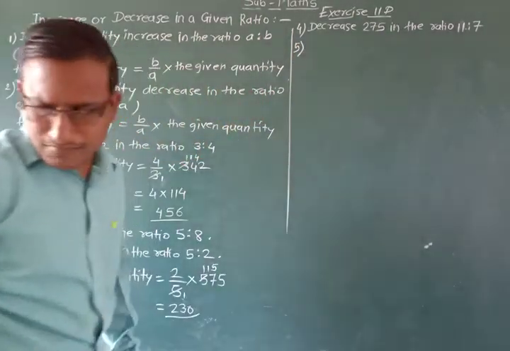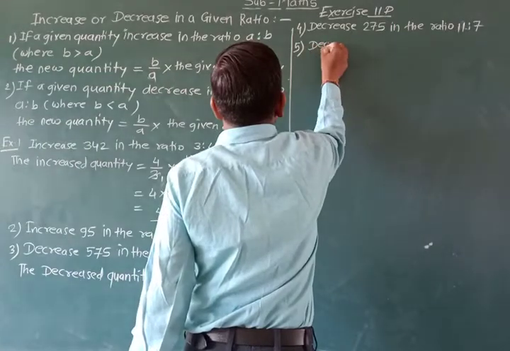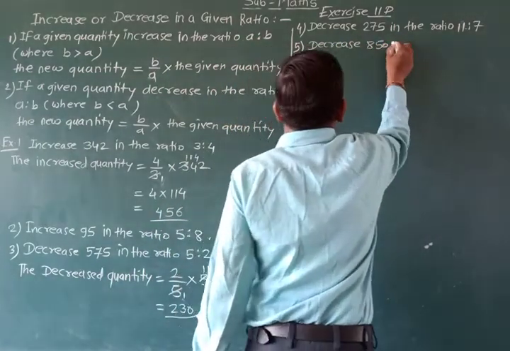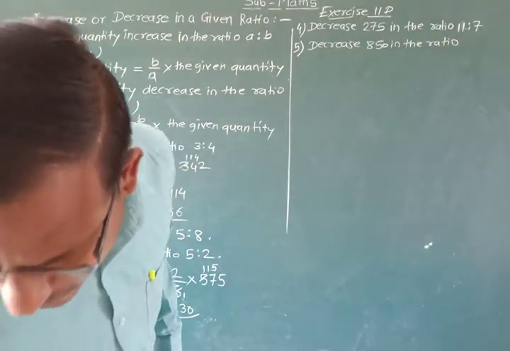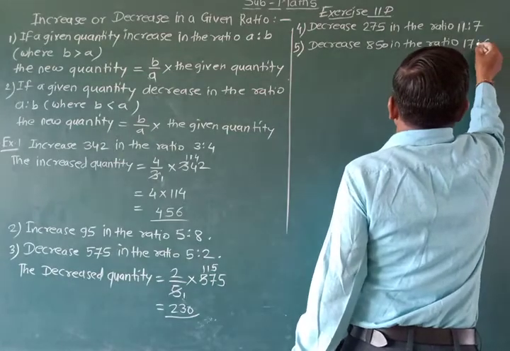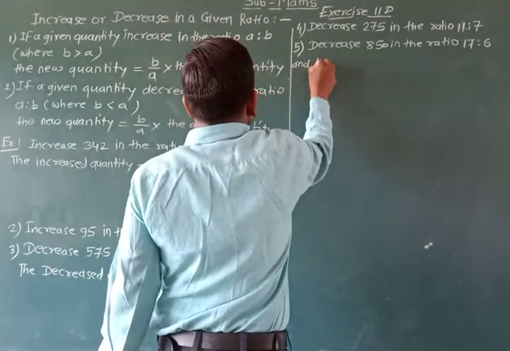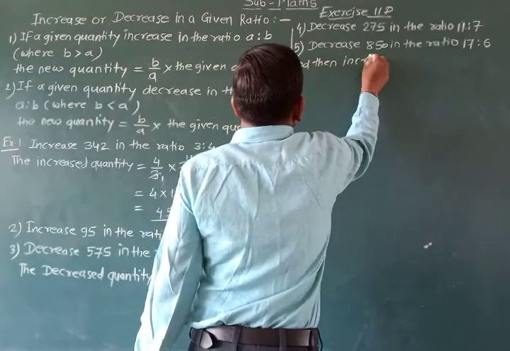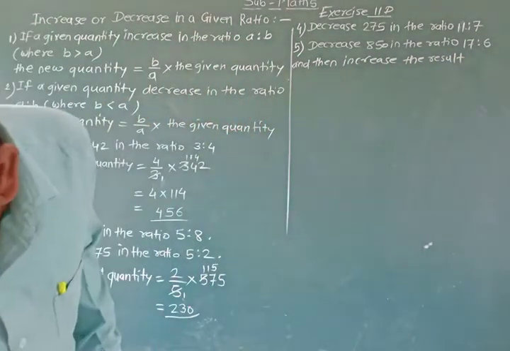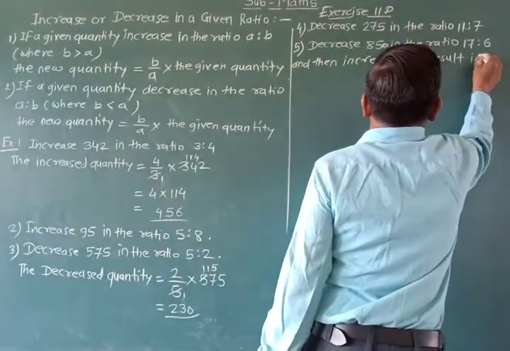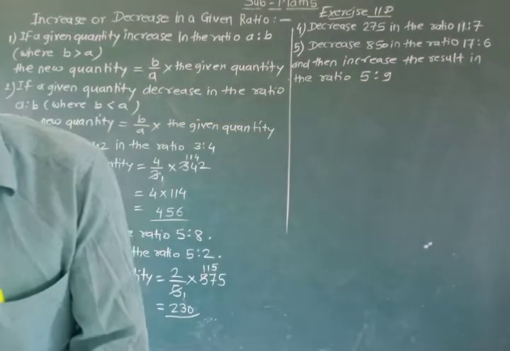Decrease 850 in the ratio 17:6, and then increase the result in the ratio 5:9.